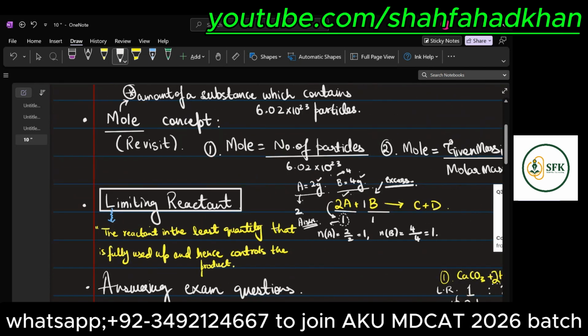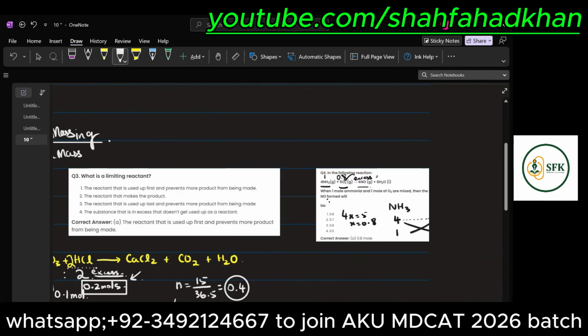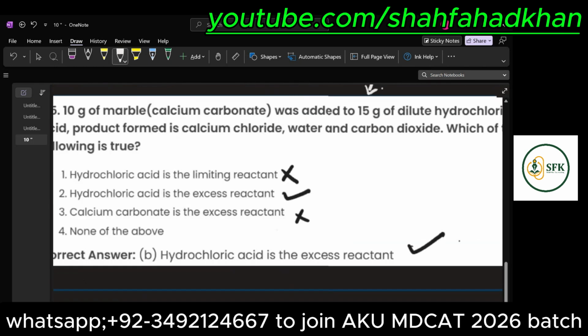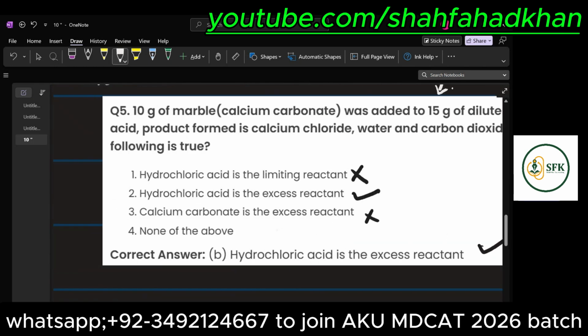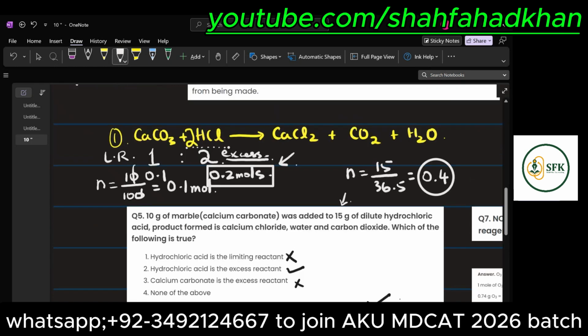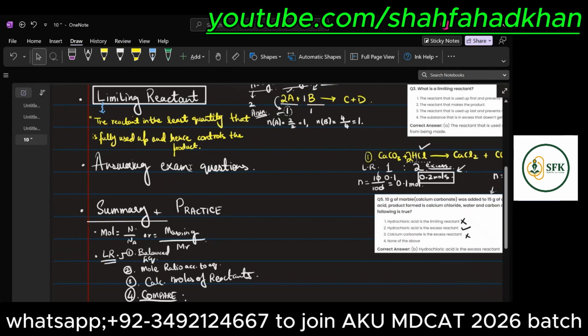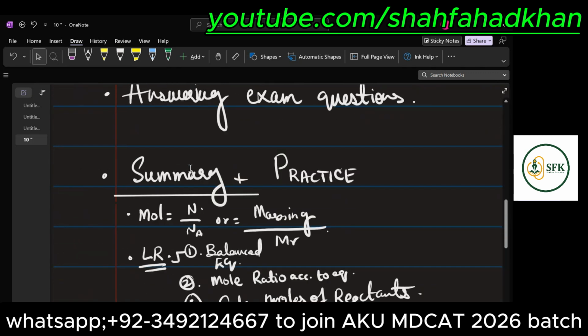This is the most important step, which we calculated over here with hydrochloric acid. We figured out how much of hydrochloric acid must be required according to the stoichiometric balancing. And then we calculate the actual moles of hydrochloric acid and compare them against the expected. If it's more than the expected, then that would mean it's in excess.